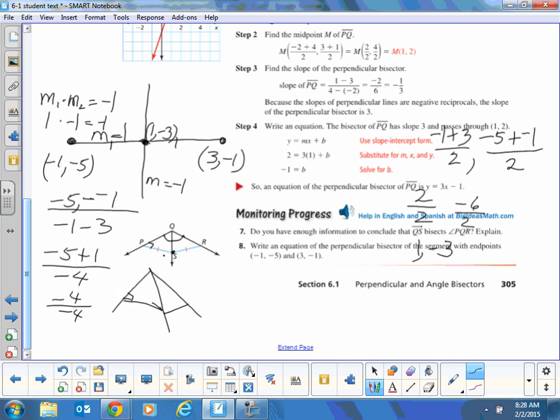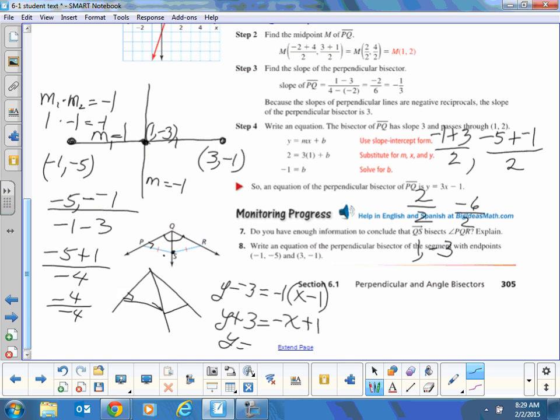So now I've got the slope and a point. So I can use my point slope formula. Or I could use y equals mx plus b, go through and find b and rewrite it. Whichever you want to do. I'm going to use y minus y1, and y1 is -3, equals m, which is my slope, -1, times x minus x1, which is 1. So I've got y plus 3 equals -x plus 1, multiplying through.